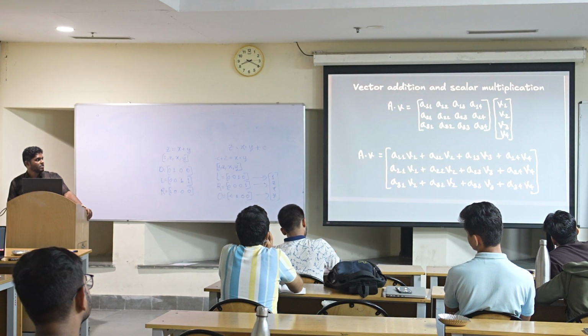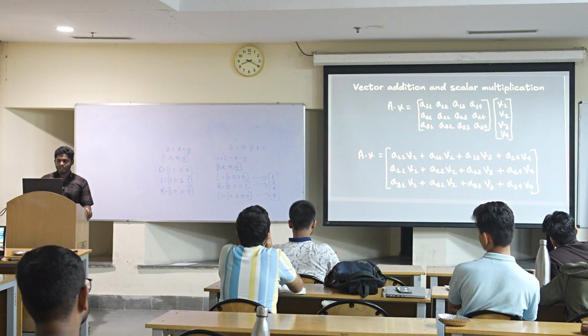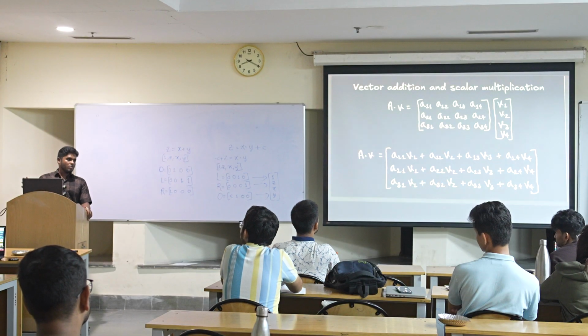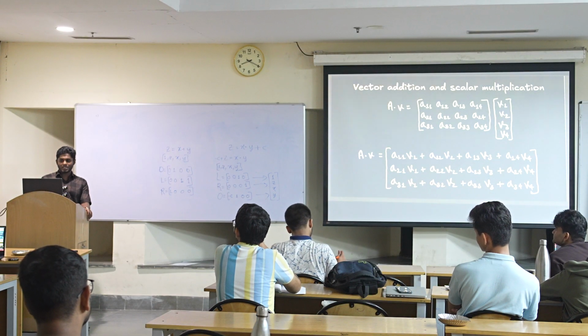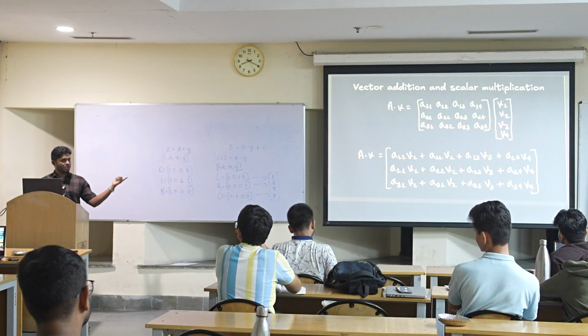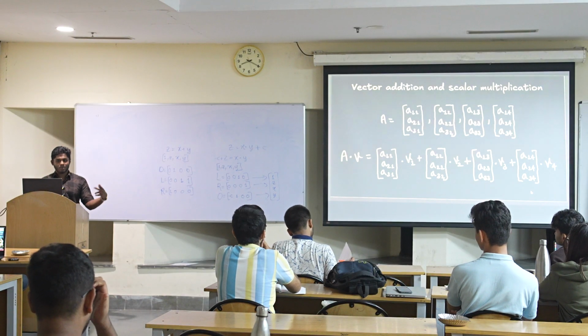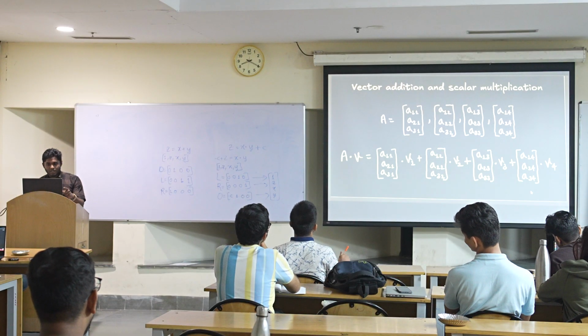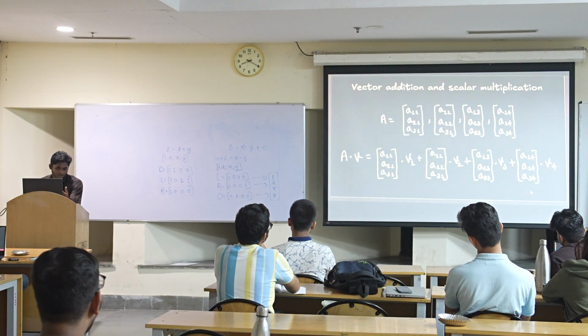It's a 3 cross 4 matrix and we have a vector of 4 elements v1 v2 v3 v4. We'll just do a matrix multiplication. Are we clear?